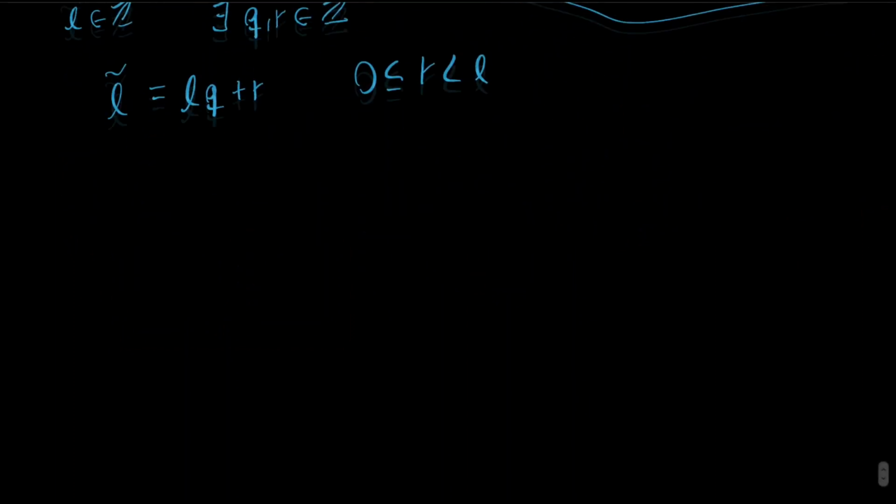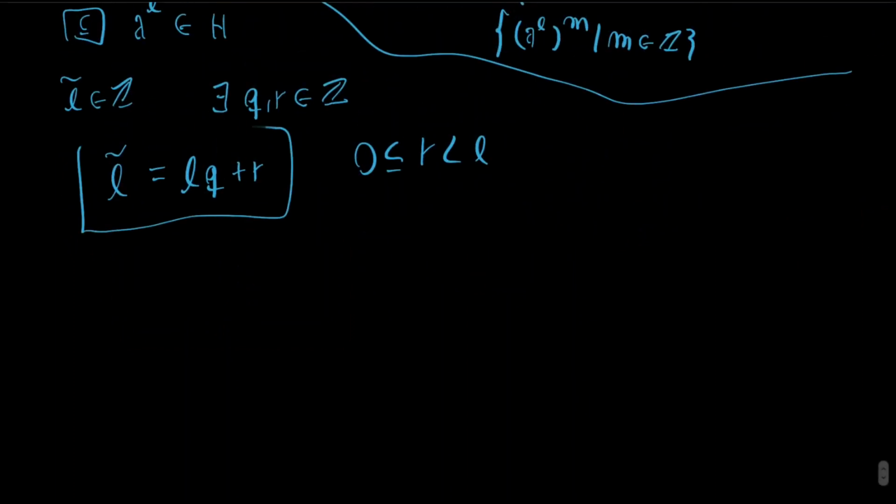Okay, but if we have this, then we can write a to the L tilde as a to the Lq plus r, which is a to the Lq times a to the r.